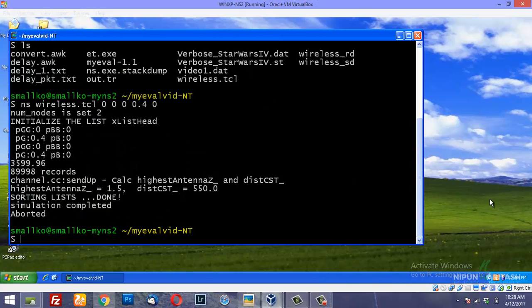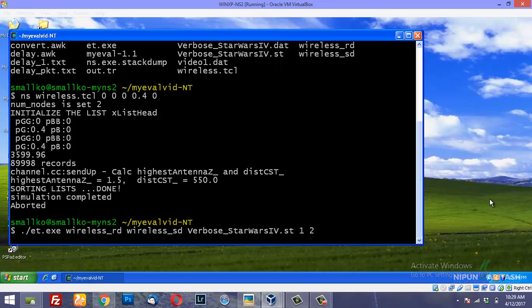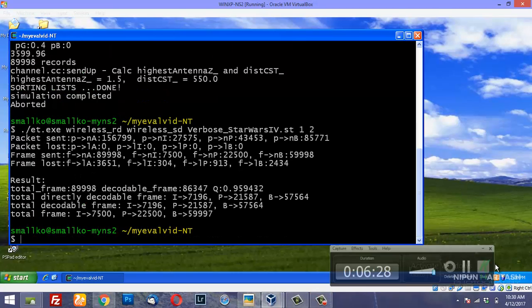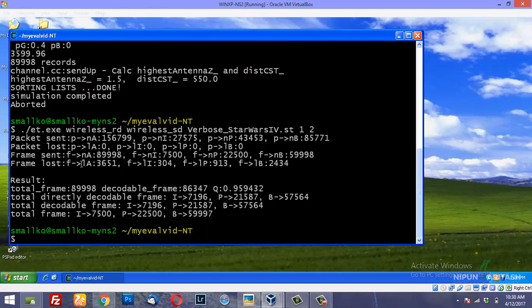alright, when the simulation is finished, we can run this command, et.exe, to calculate the fraction of decodable frames. Alright, now we see the number of frames sent, the number of frames lost, and the value is around 95% for the fraction of decodable frames.